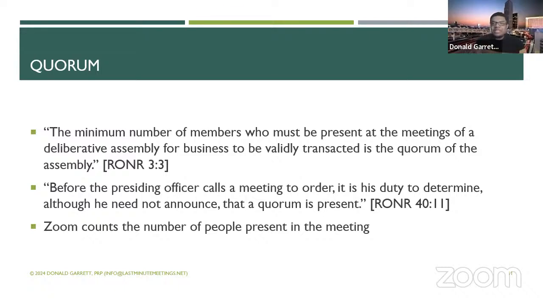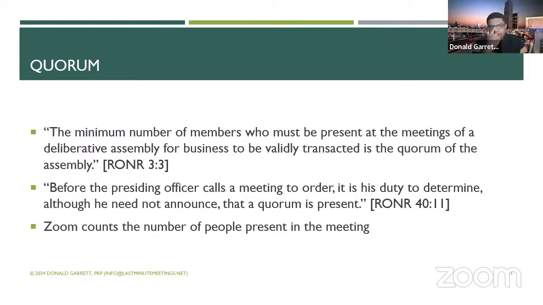Something that's really helpful is that when you're logged into Zoom, Zoom does the counting for you. When you see the participants number, there's a number next to it that says how many people are logged in to that meeting. That's a great aid to the presiding officer. You can do your quick math and see that's enough people present at the meeting.